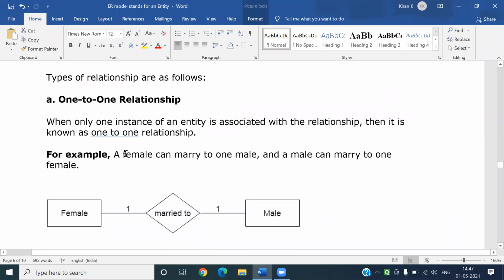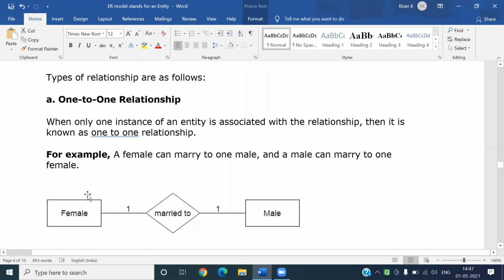When only one instance of an entity is associated with the relationship, then it is known as a one-to-one relationship. That is, one instance of female is married to one instance of male.